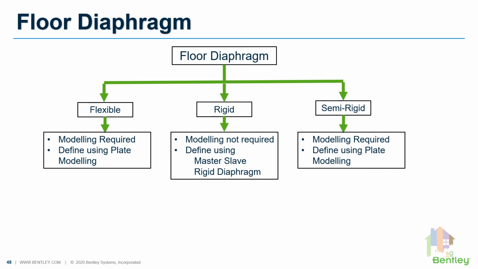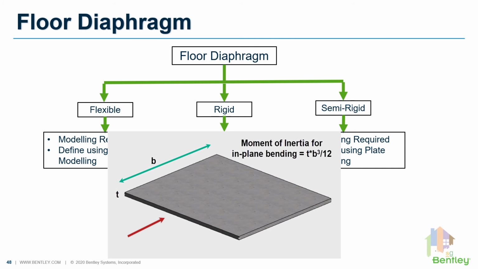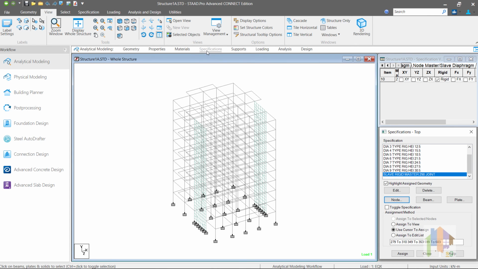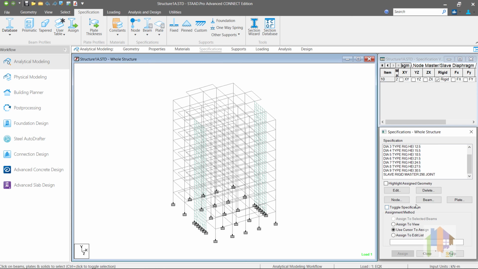For most RCC slab systems where the slab is sufficiently thick, the moment of inertia can be represented with a cubic function of length, which is a large number. So in-plane deformation of this slab for lateral load is almost negligible, and rigid diaphragms produce results nearly identical to those of semi-rigid diaphragms.